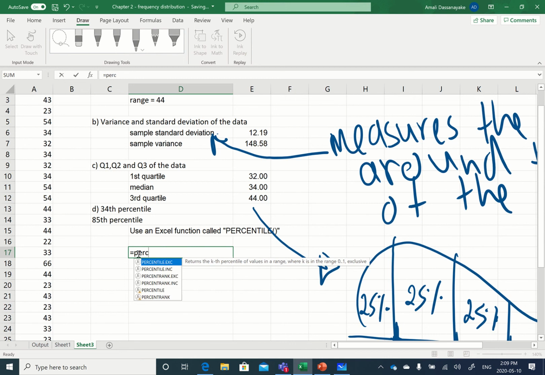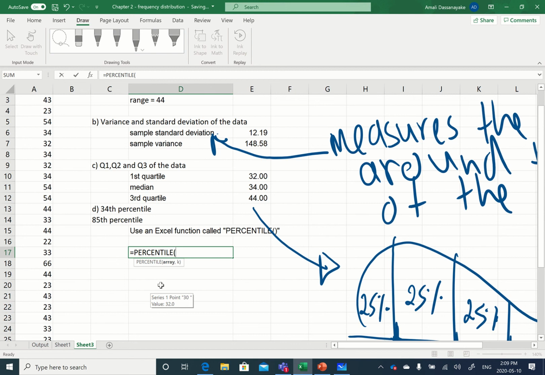Then everything that starts with these letters will pop up, and from this list you have percentile.exc, percentile.inc. We need just the percentile. So this one, the second last one in my list. Just double click on it, and the function name will be added and brackets will be open.